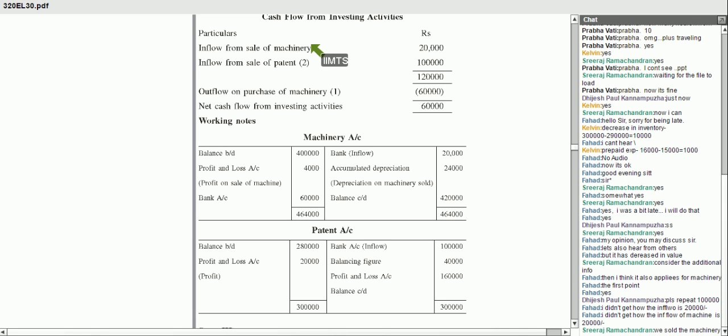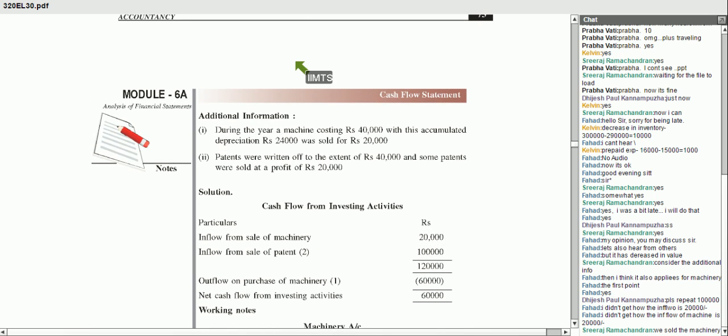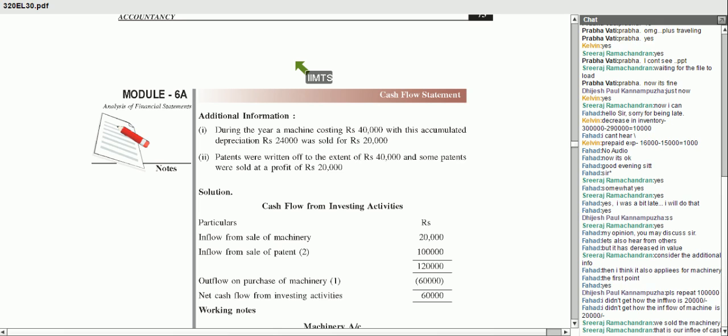We sold the machinery. See, suppose I bought a pen for say 100 rupees, and after 1 year the cost of that pen increased by 20 rupees, and when I went to the shop for selling that pen, the shopkeeper is ready to buy that pen for 120 rupees. So how much profit am I making, Fahad?